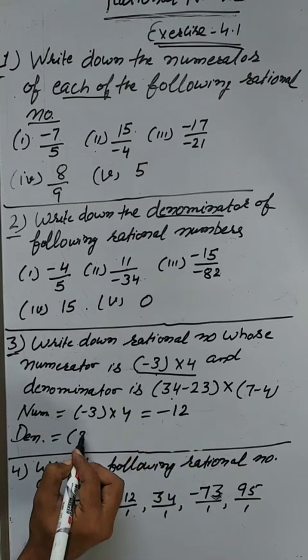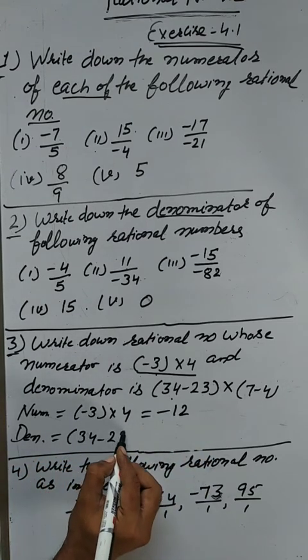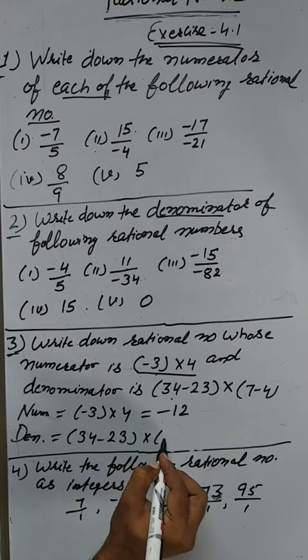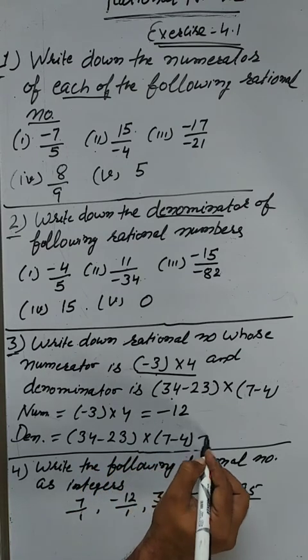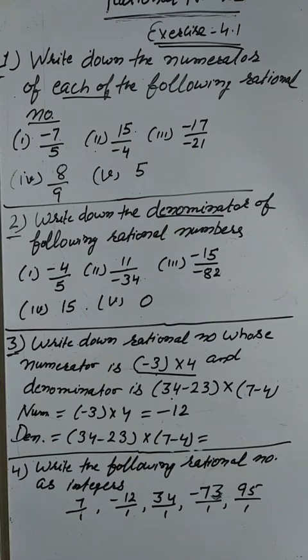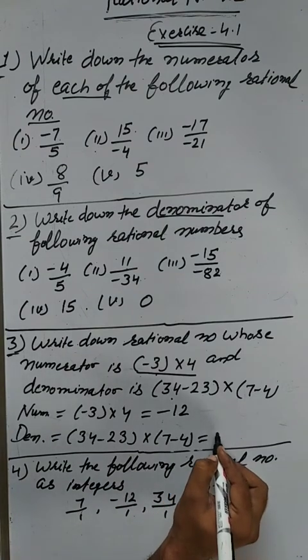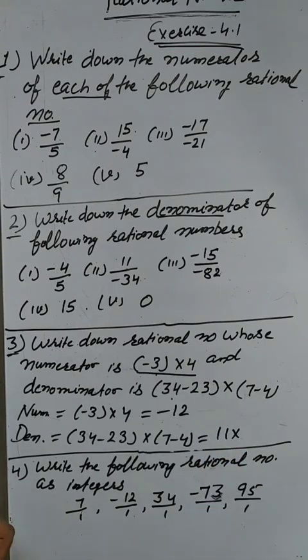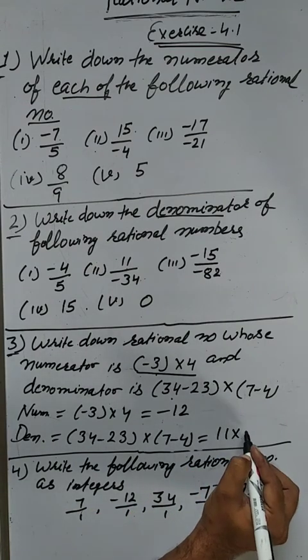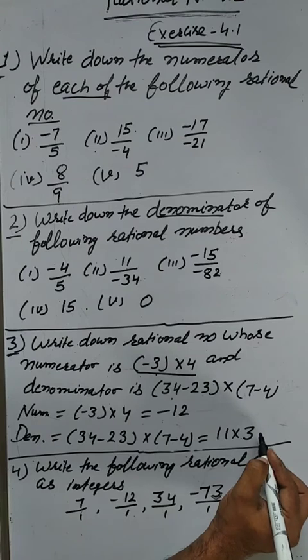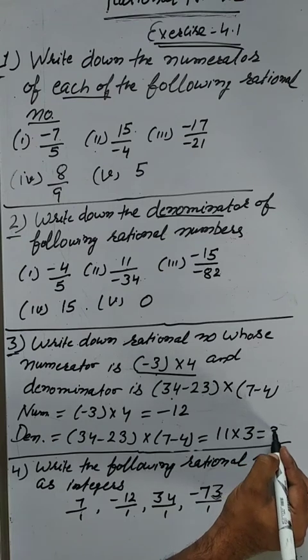34 minus 23 multiply 7 minus 4. Now 34 minus 23, it is equal to 11. 7 minus 4 is equal to 3. 11 into 3 is 33.